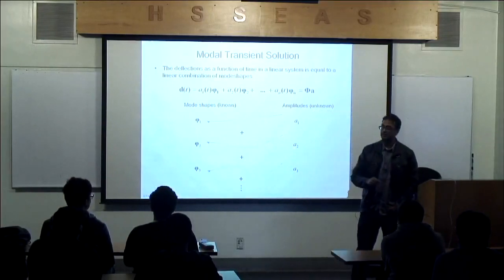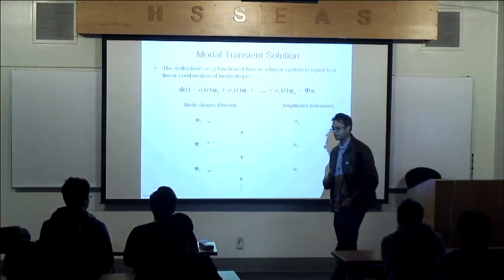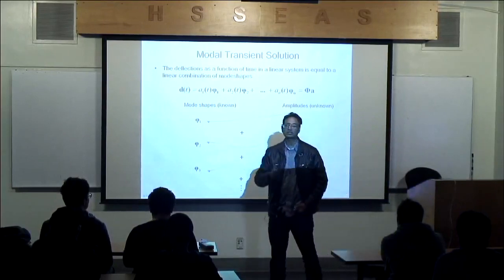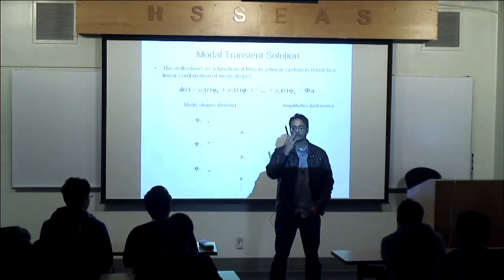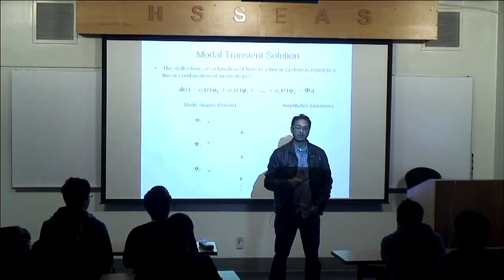Now let me explain something to you. How many unknowns do I have here? 40. Now let's take an aircraft wing. Well, let's take a 1,000,000 degree of freedom model, which my colleague in the back probably works on, sometimes. It can be millions of degrees of freedom.